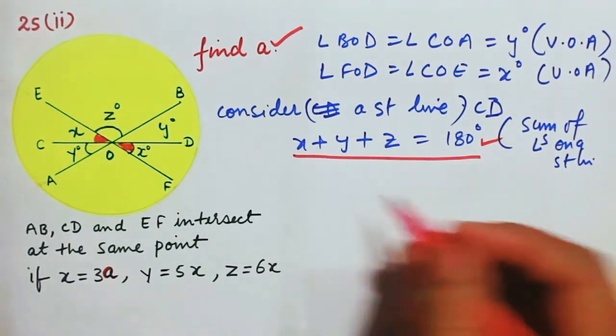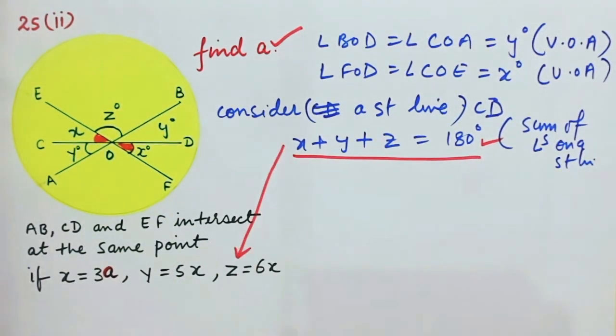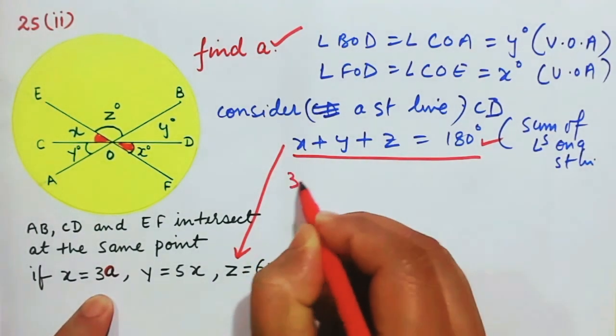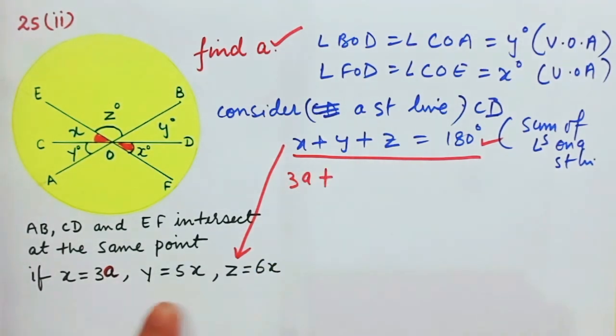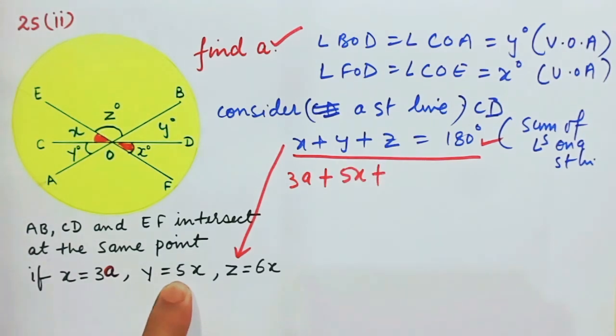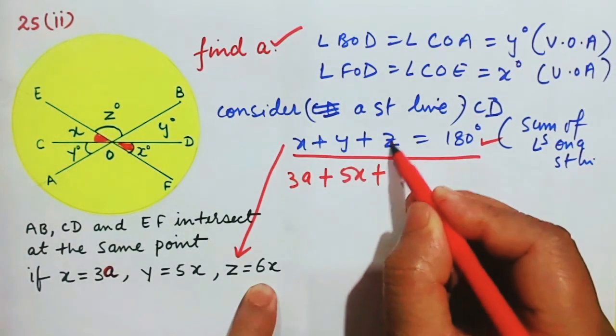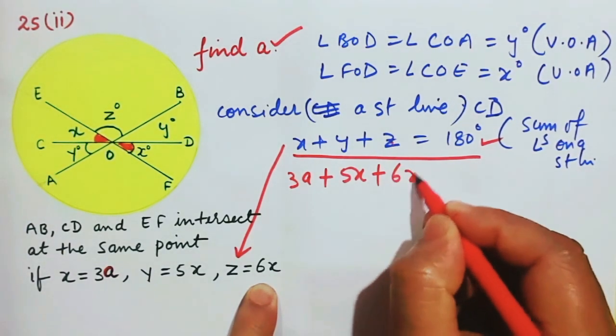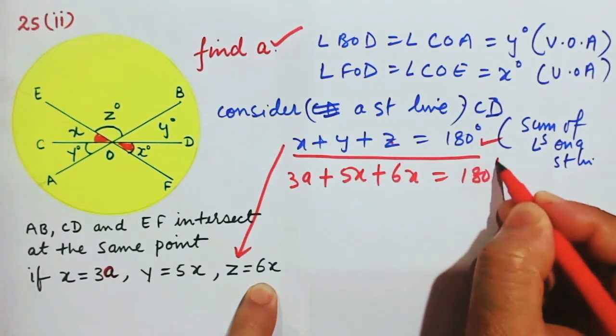After this we will look here, and I find that the value of x given was 3a. So I will write 3a. Value of y given was 5x, so I wrote 5x. Value of z given was 6x. So 3a plus 5x plus 6x is equal to 180 degree.